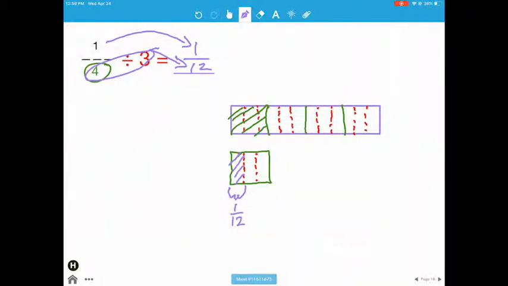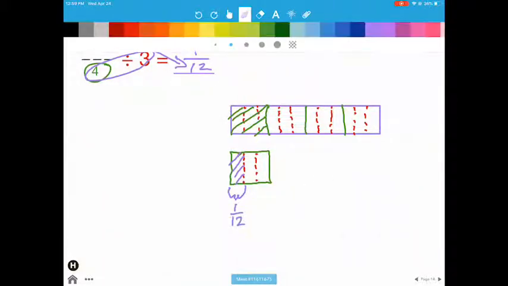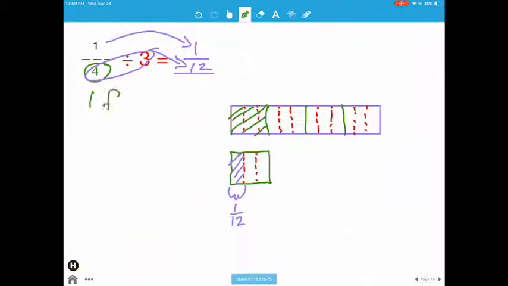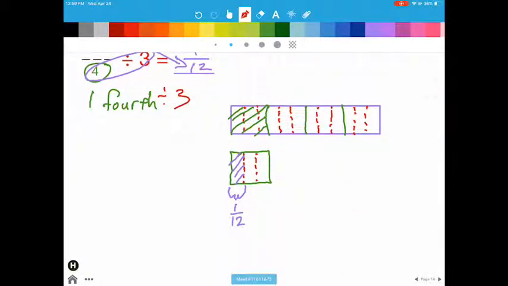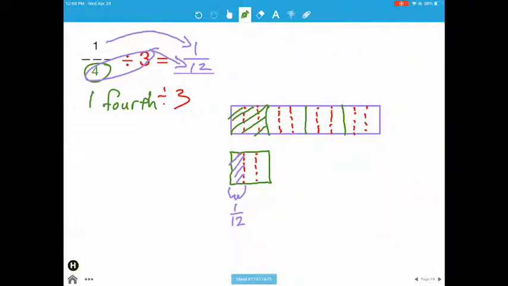So how would the words work? A unit? It would be 1/4 divided by 3. 1/4, excuse me, will become 3/12.